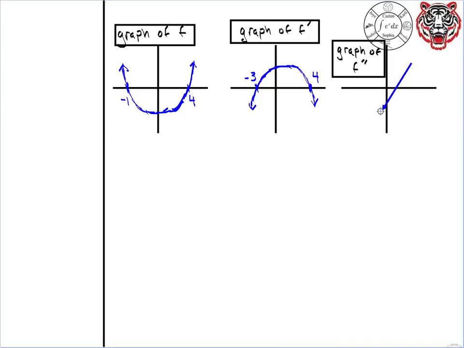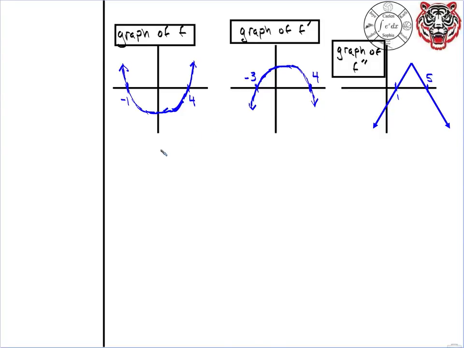So we'll say it goes down like this and down like this. Perfect. All right. And we can make this 1 and 5.